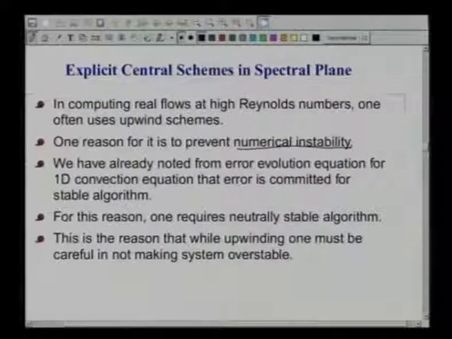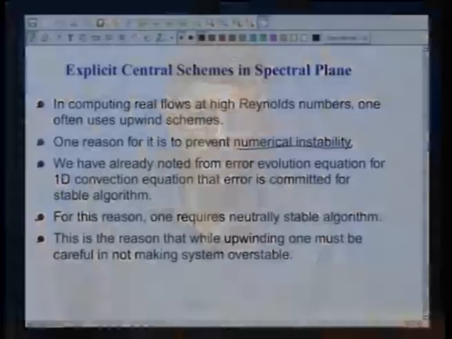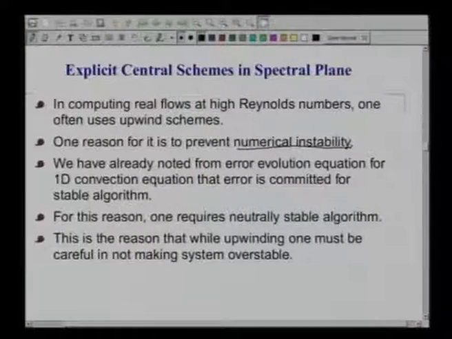And we have to be careful, because we have already seen in the derivation of the error evolution equation that in our GEAL, if we want to make the method stable, we can also introduce error. So, that is what we have to be careful of, that even a stable algorithm creates error.